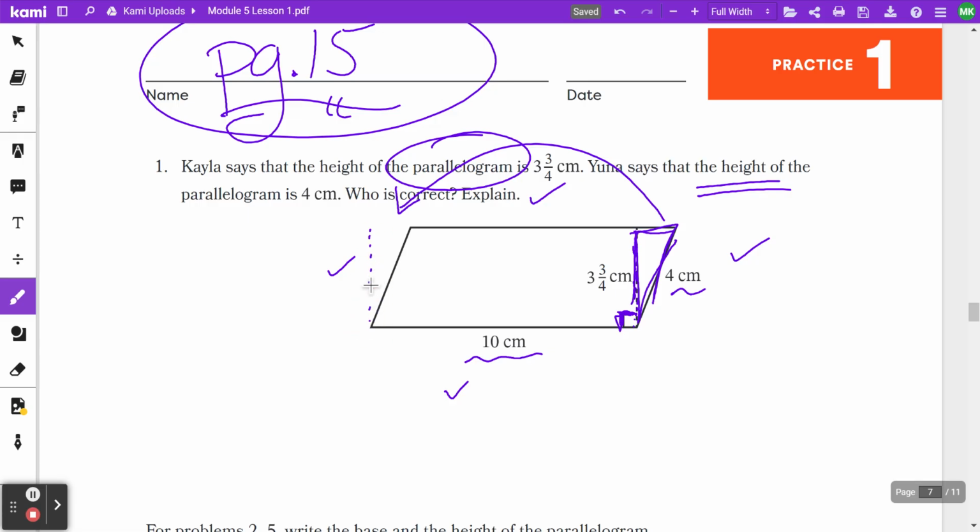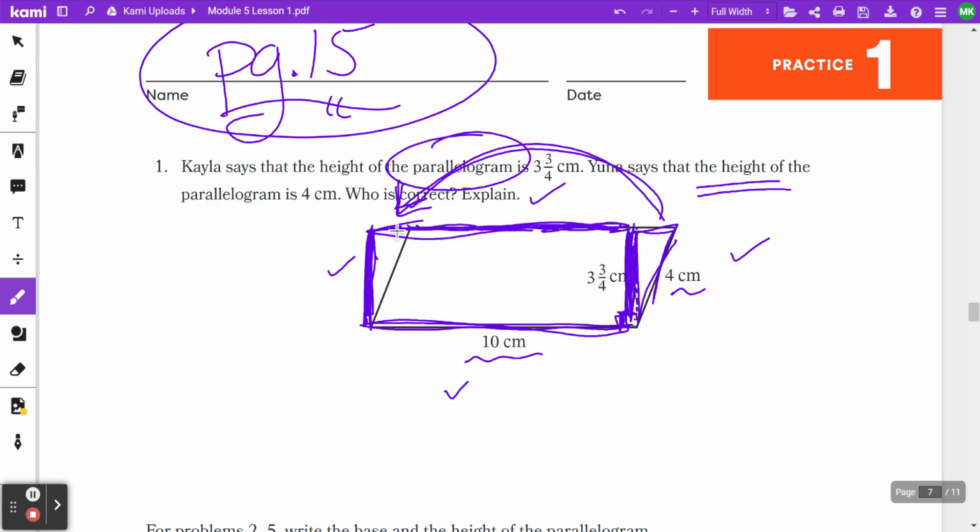It would fit perfectly right there. Now what I would have is a rectangle. Here's my wonderful rectangle.